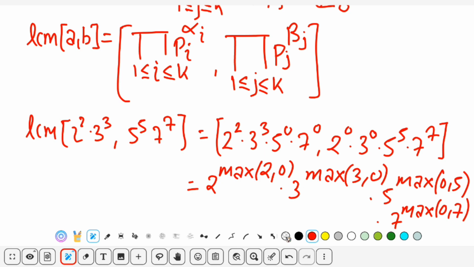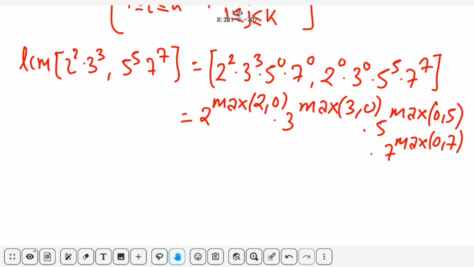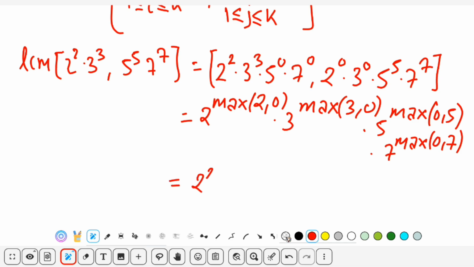Okay, now the answer is 2 to the power 2 times 3 to the power 3 times 5 to the power 5 times 7 to the power 7. Okay, so this is the LCM of these two numbers.